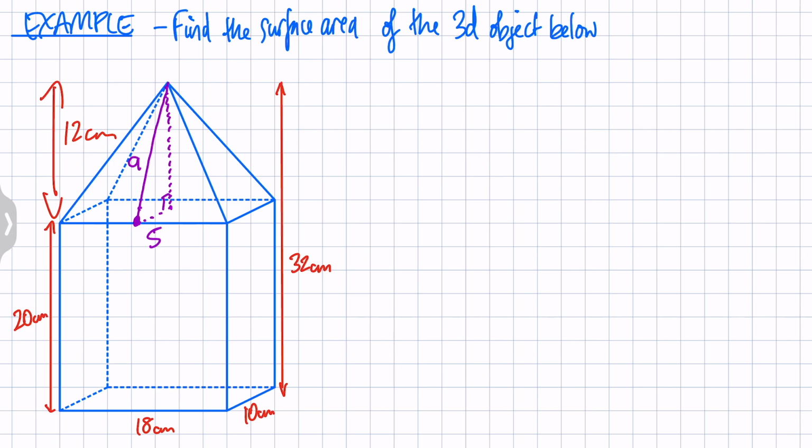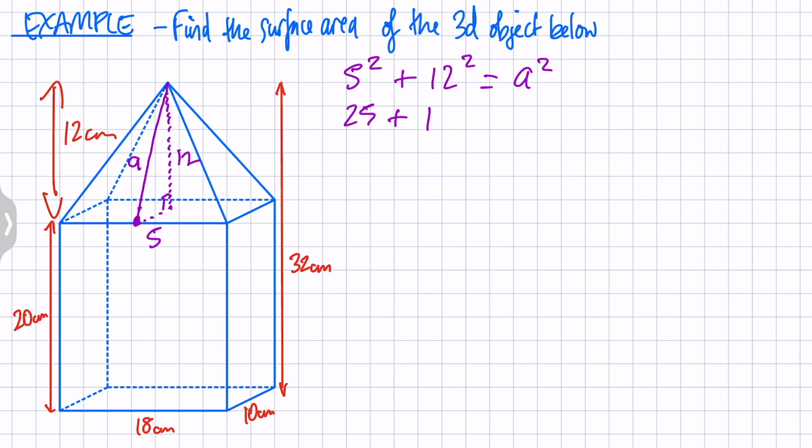Good. So do I have all I need to work out how long A is using Pythagoras? 5 squared plus 12 squared equals A squared. What's 5 squared? 5 times by 5 would be? 25. Plus 12 times by 12 would be? 144. Good.